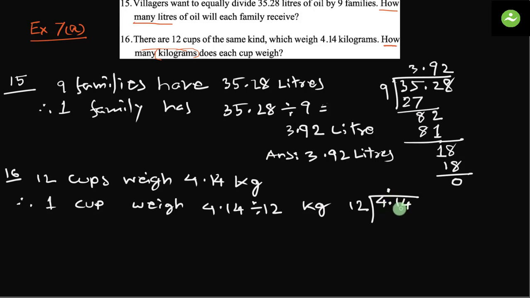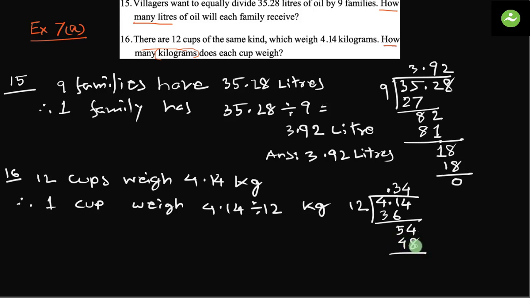Okay, now 41. 3 into 12, 36, so 3. Deduct 36 from 41, it's 5. Bring down the next digit, 4. So 54. 4 into 12, 48.